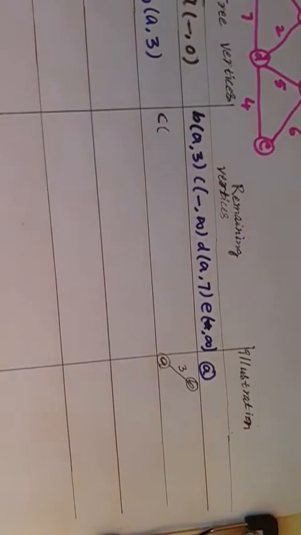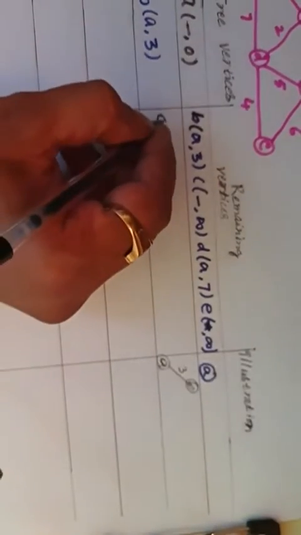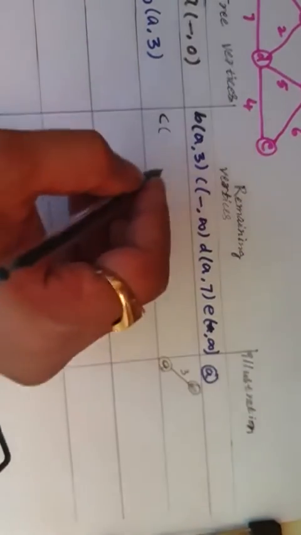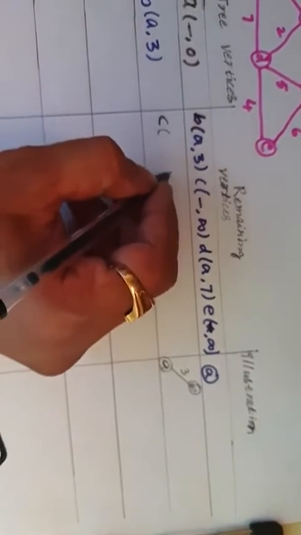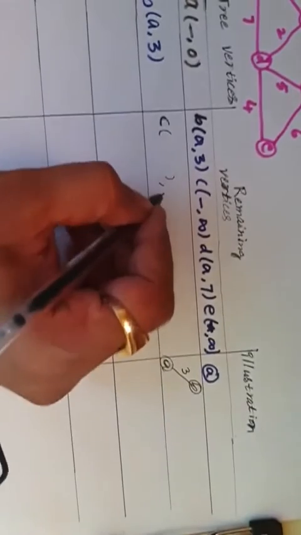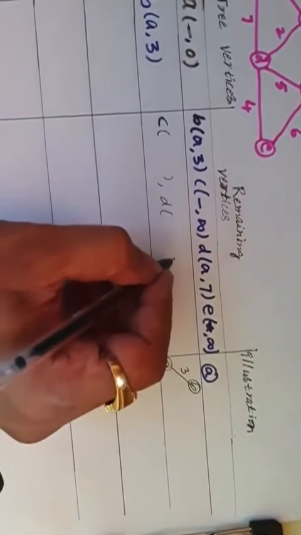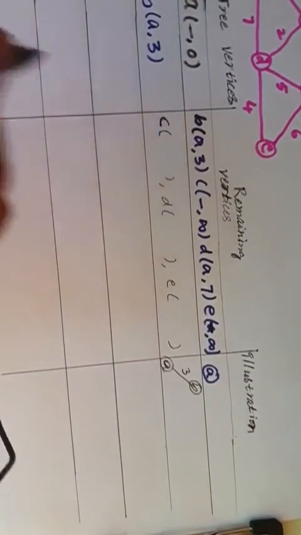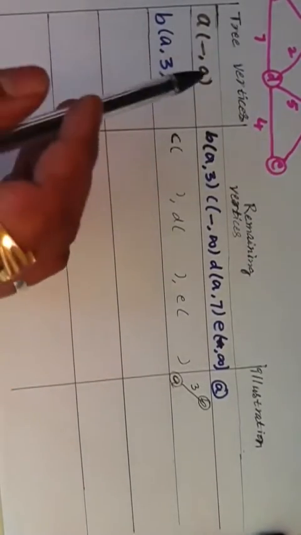Now you update the cost and nearest vertex information for the remaining vertices, which are c, d, and e.